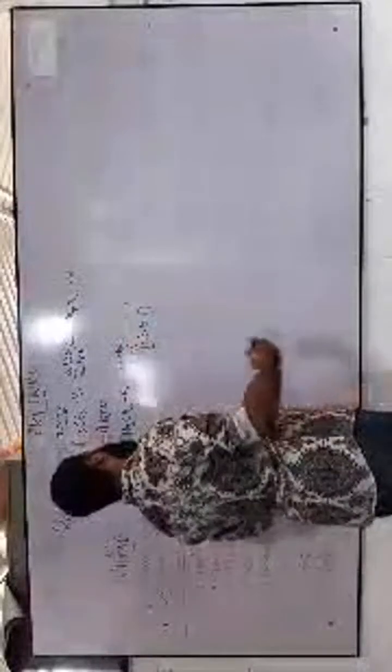You can use any kind of alcohol. What will happen is one hydrogen and the Br will be removed, and you will get the alkene.